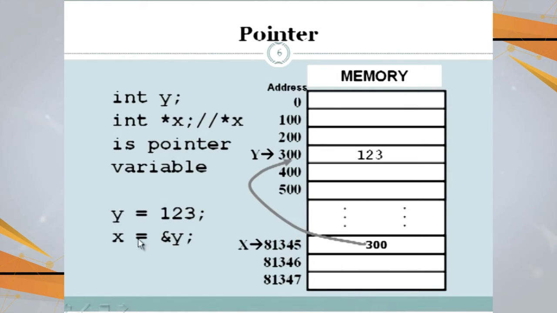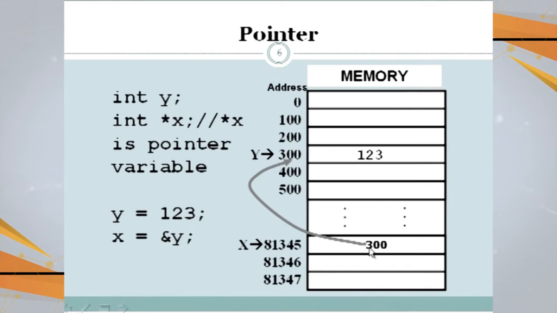That's why I used x = &y. This statement &y will return the address of y, which is considered in this case as 300. So x will be initialized to 300, and this 300 is not an integer value, this is the memory address of the integer variable y.